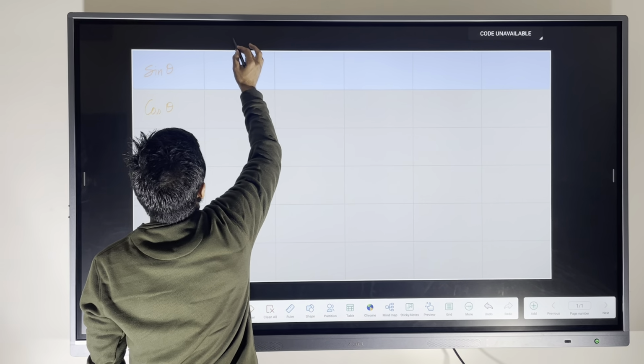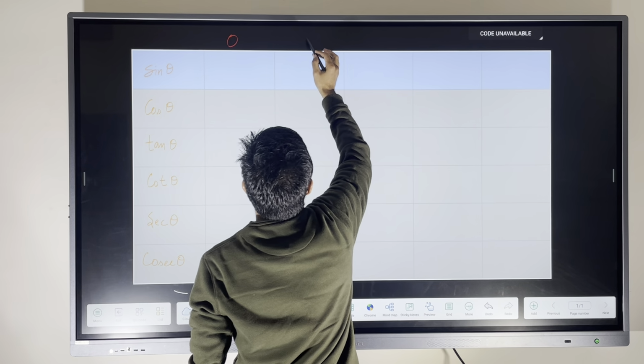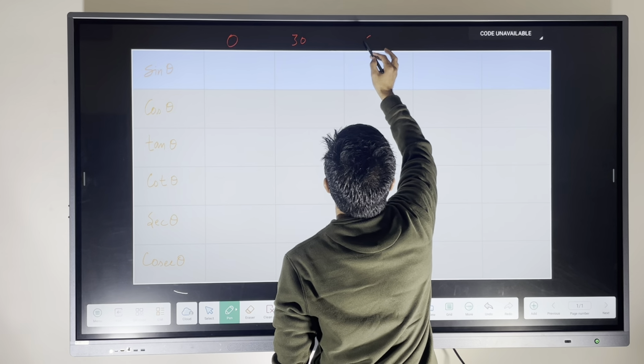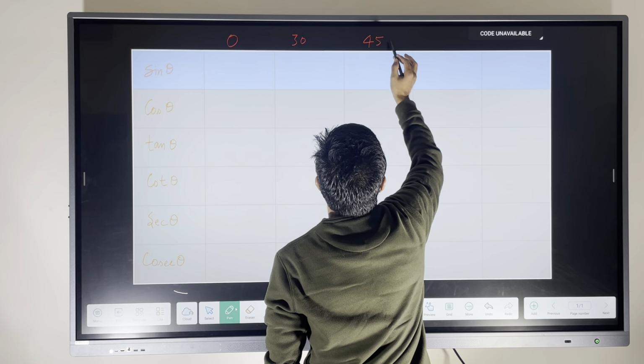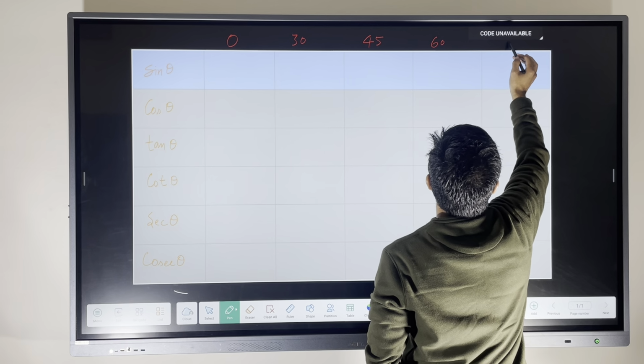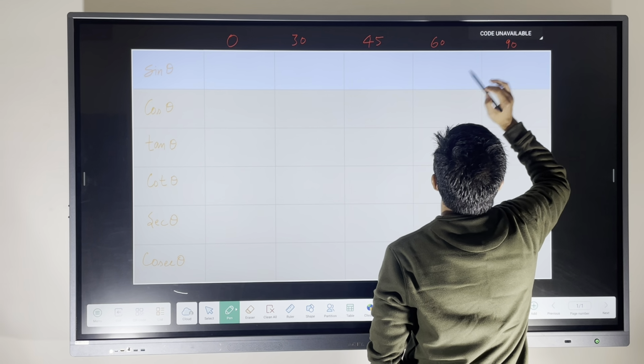We have values of sine at 0, 30, 45, 60 and 90.